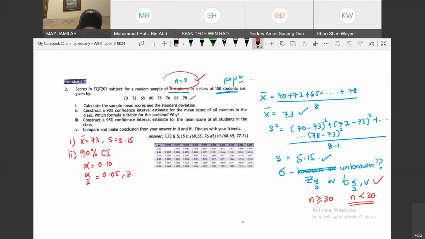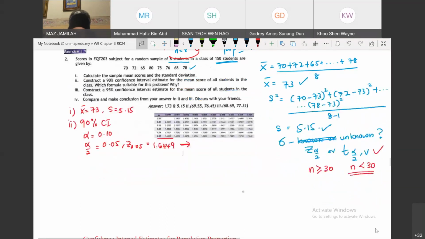So Z 0.05 is given by 1.6449. Right. So x bar is 73 plus minus 1.6449 multiplied with our T alpha over 2.